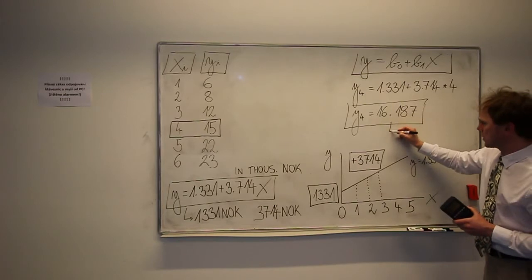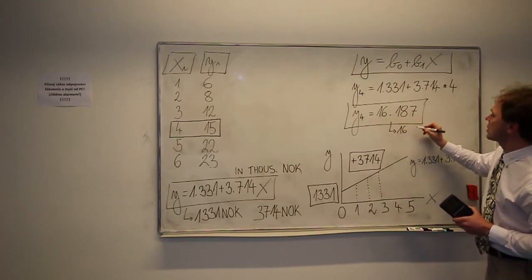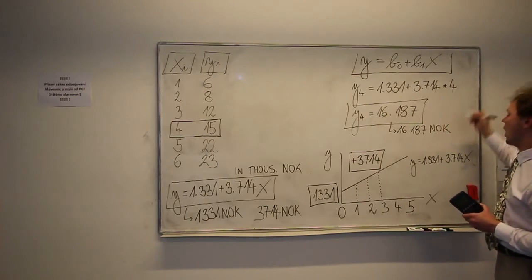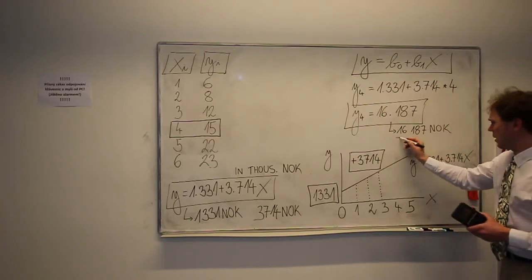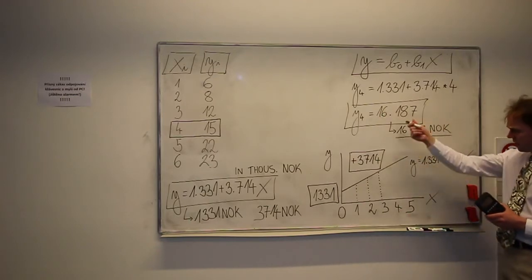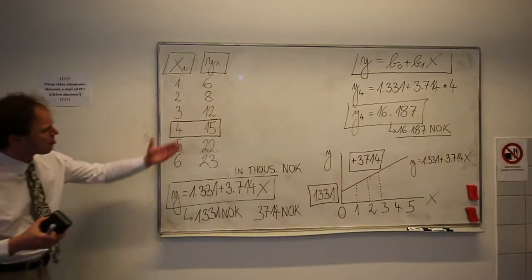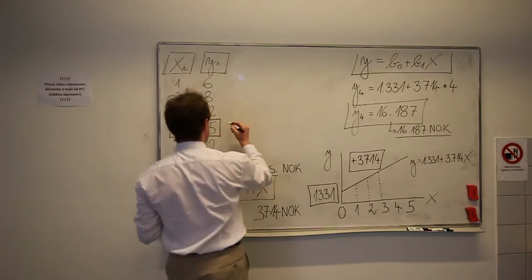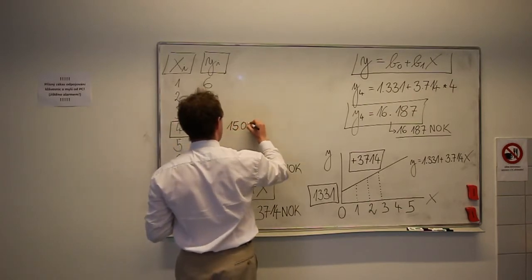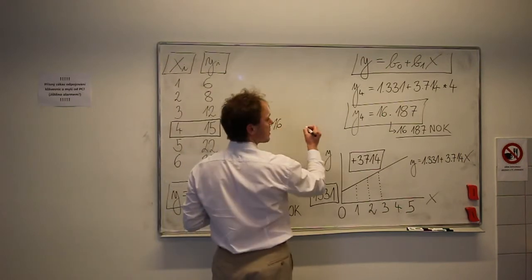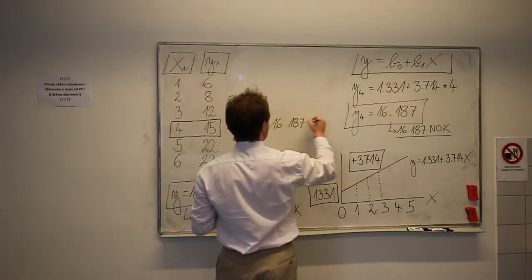What it means: 16,187 Norwegian crowns. And we can compare this calculation with empirical data, and you can see that we have here 15,000, and the estimate is 16,187.